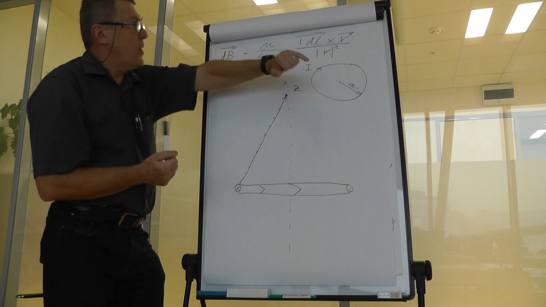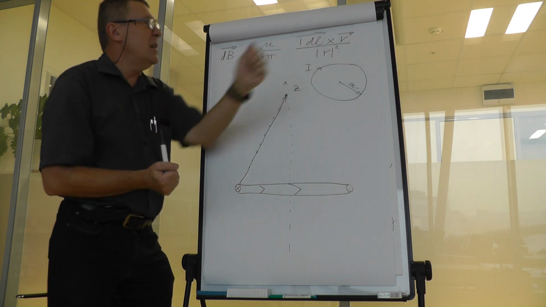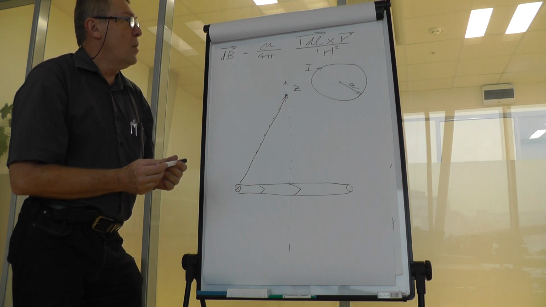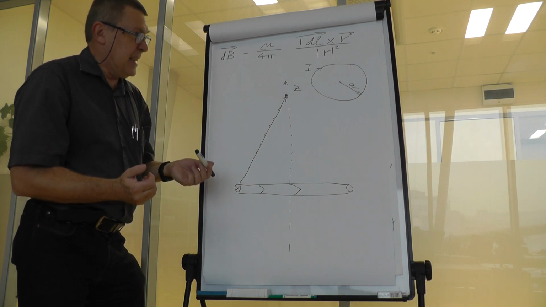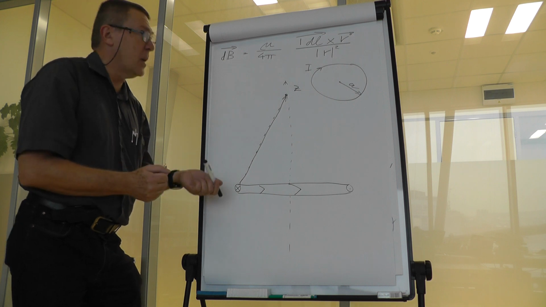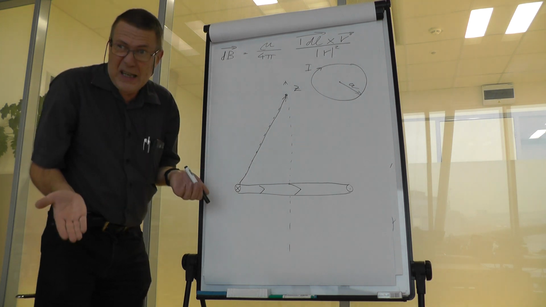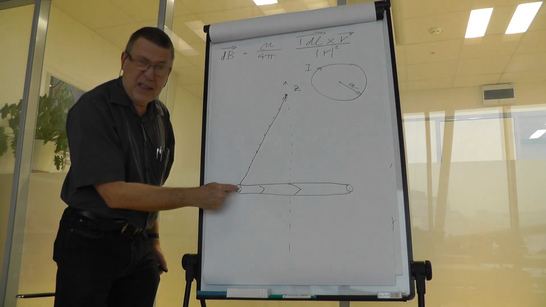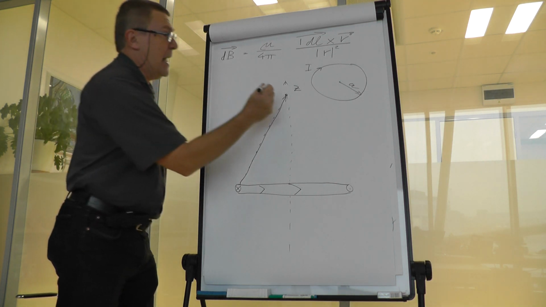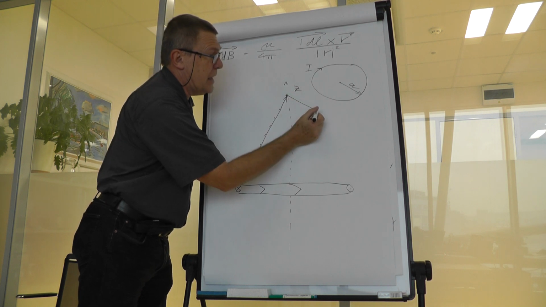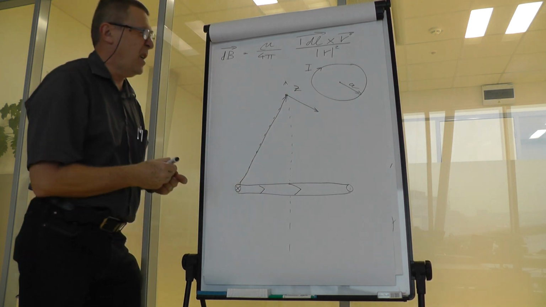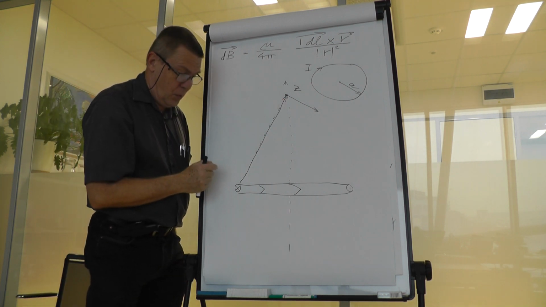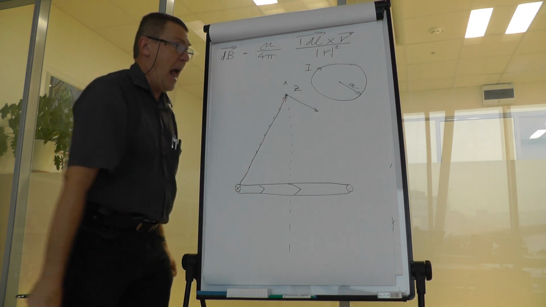We have a vector product of I dl with the radius vector. Well, the result of this is perpendicular to the radius vector. It must be, it's a vector product, and it's perpendicular to the source current element. So the result is in this direction. So this is the piece of magnetic field that is created there due to this small element.